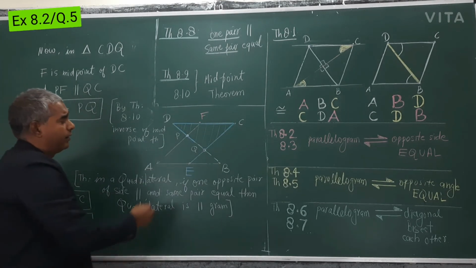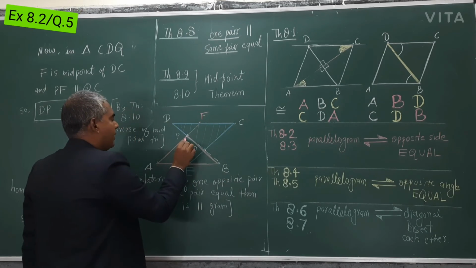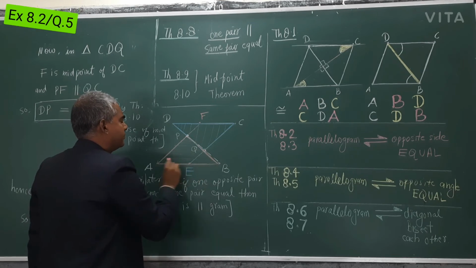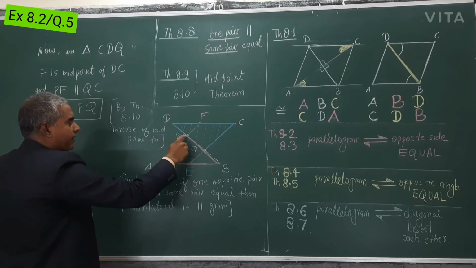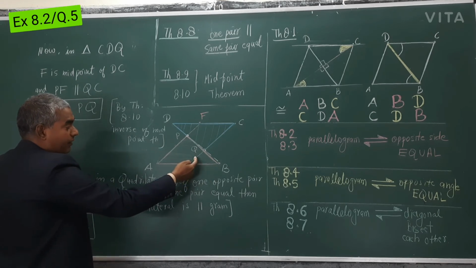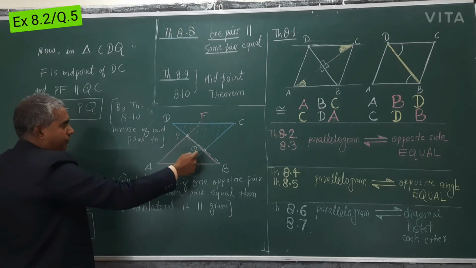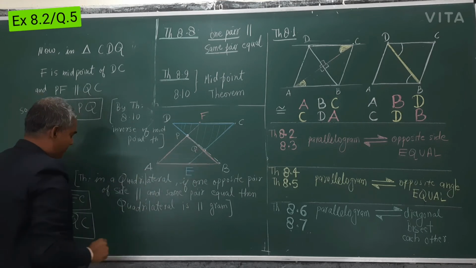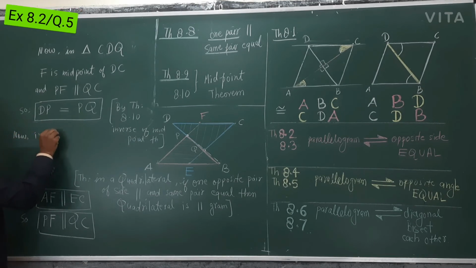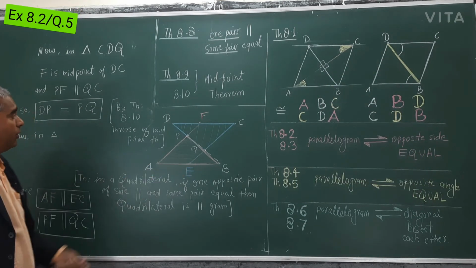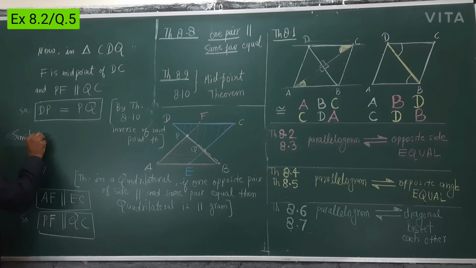Similarly, I am using red here. In triangle ABP, it is confirmed E is the midpoint, and AP is parallel to EQ, just like PF and QC.